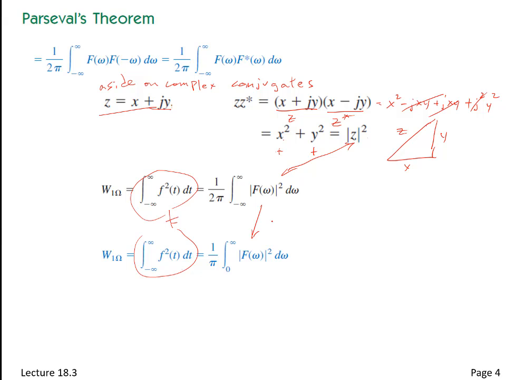So all I have to do is integrate over the positive axis from 0 to infinity, and that's equal to twice the integral from minus infinity to infinity.